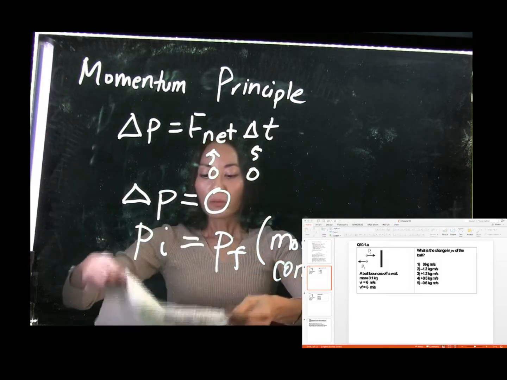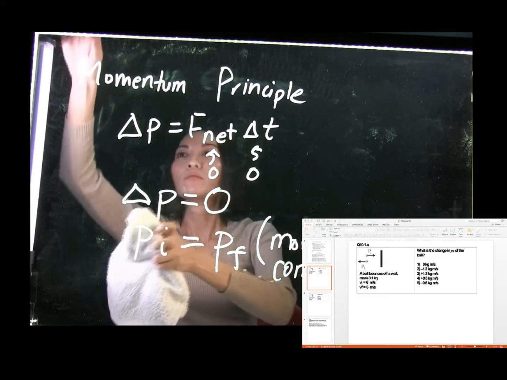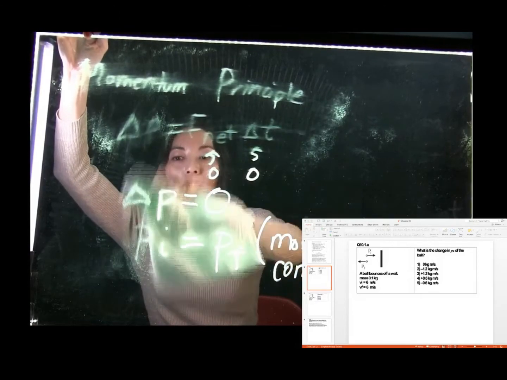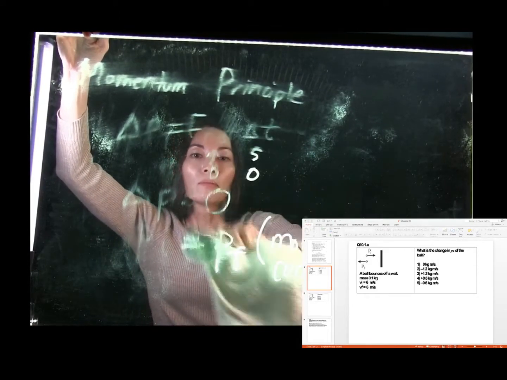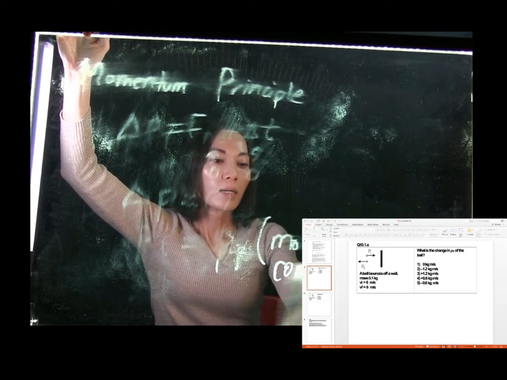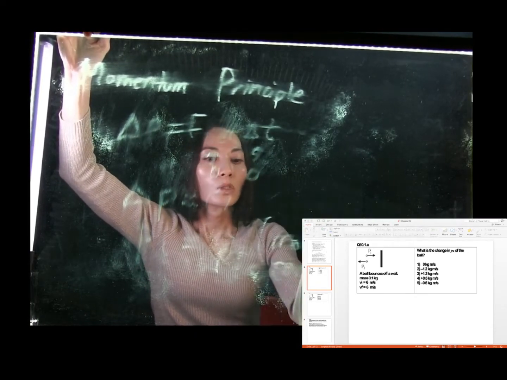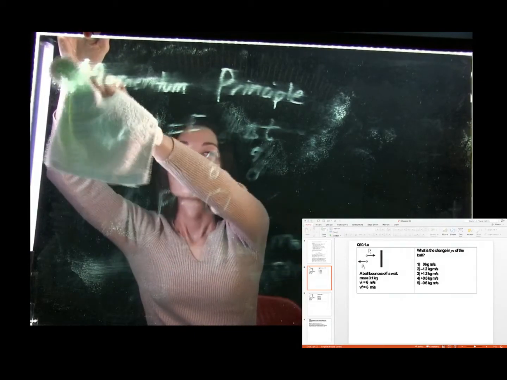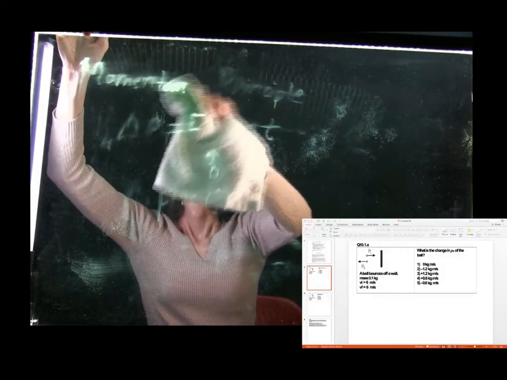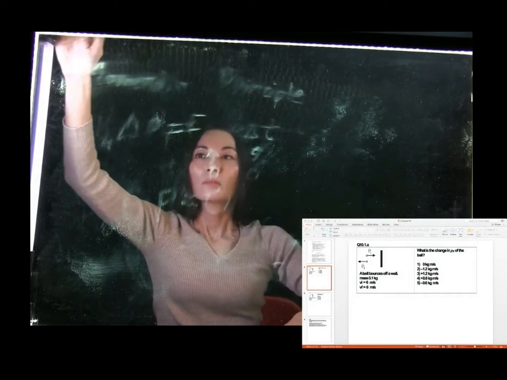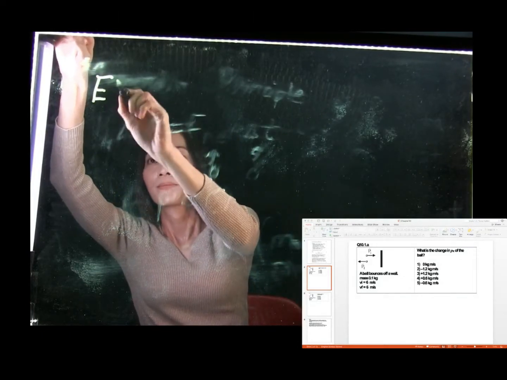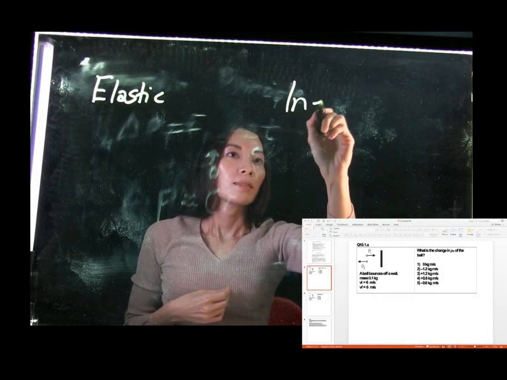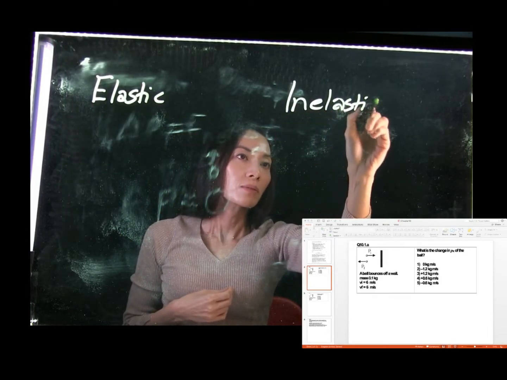And now we want to make the distinction between two basic different types of collisions. We can categorize collisions into two types: elastic collisions and inelastic collisions.